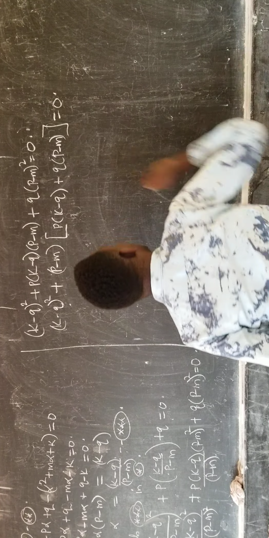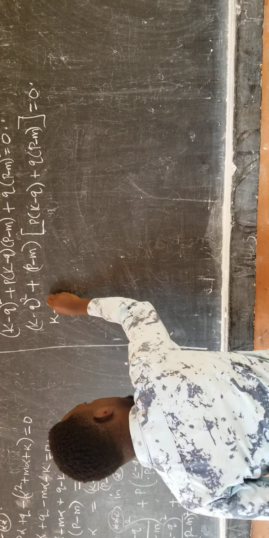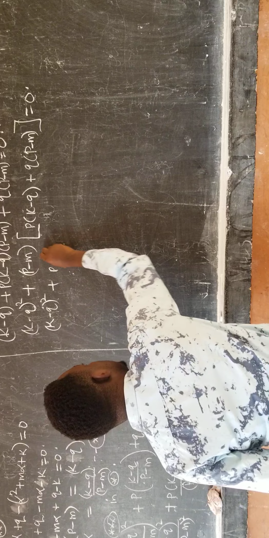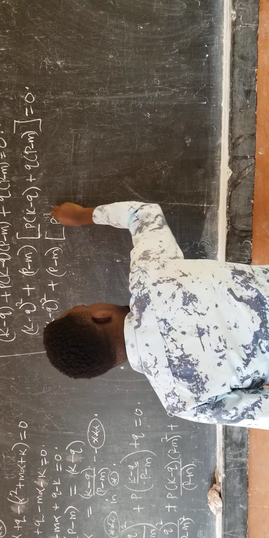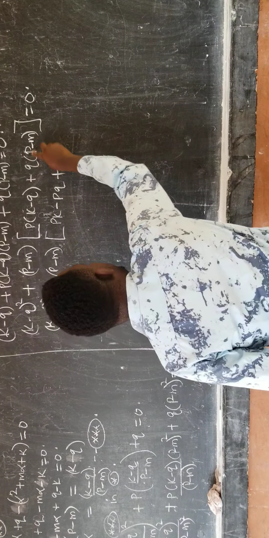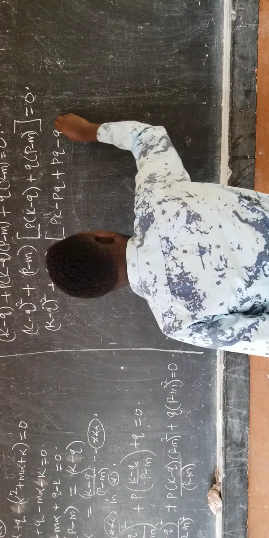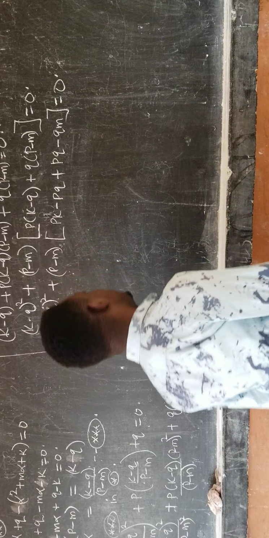This one is equal to 0. So we'll have k minus q squared plus p minus m into pk minus pq, and this one is going to be qp, but qp is the same as pq, and then minus qm. This one is equal to 0.